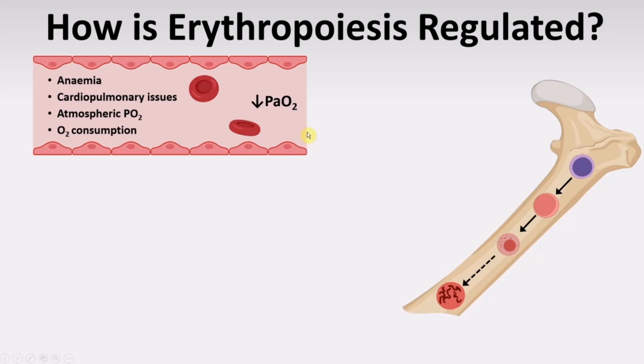How does this happen? It's through the production of HIF-1 alpha, hypoxia-inducible factor 1 alpha. So whenever there's low partial oxygen pressure, HIF-1 alpha, which is a transcription factor, would be synthesized.